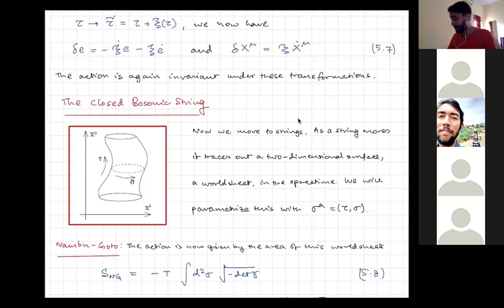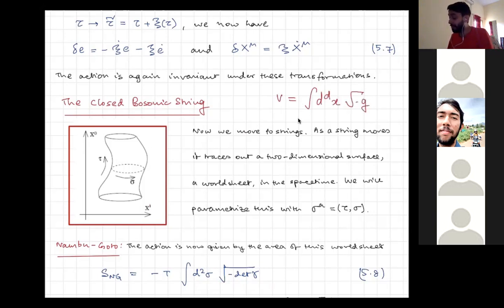So this is simply just d^2 sigma times the square root of gamma, where gamma is the metric which is induced on the world sheet, right? For example, if you are trying to look at a volume of something in d dimensions, that is just the integral d^dx of the square root of minus g, right? So that's always the case.